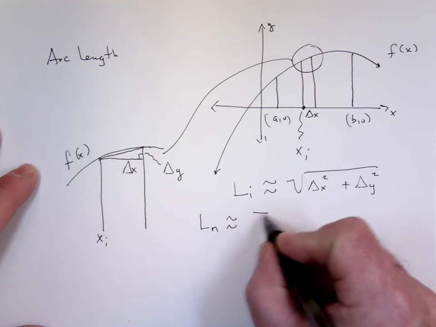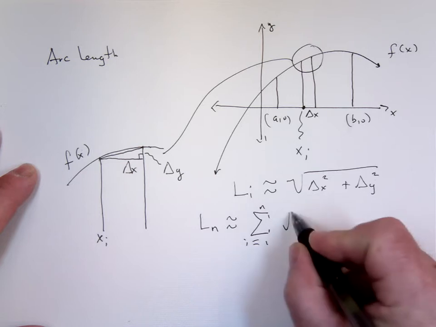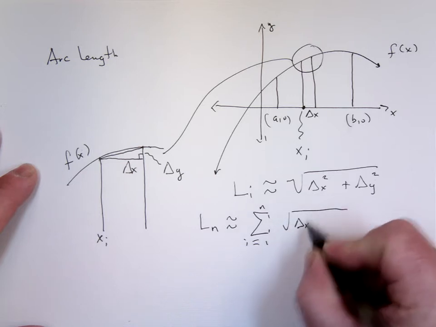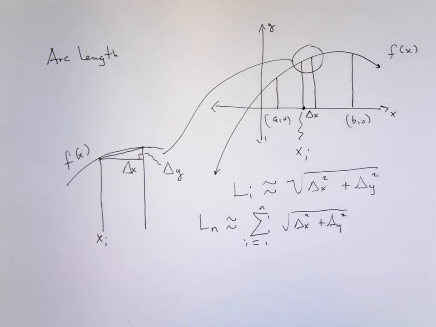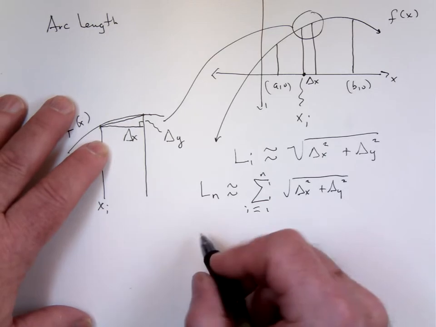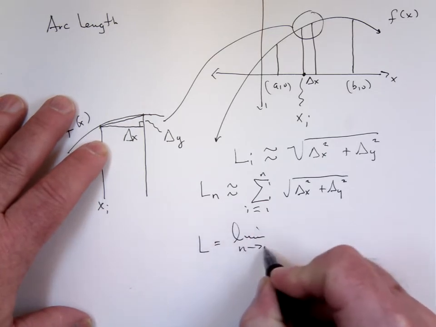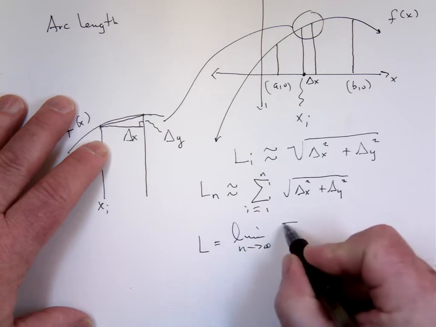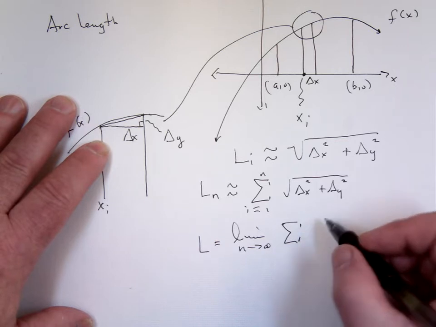We'll have this sum of the square root of delta x squared plus delta y squared. And then we can let the number of rectangles go to infinity to get the exact length. As n goes to infinity, note the delta x's and the delta y's will both go to 0.